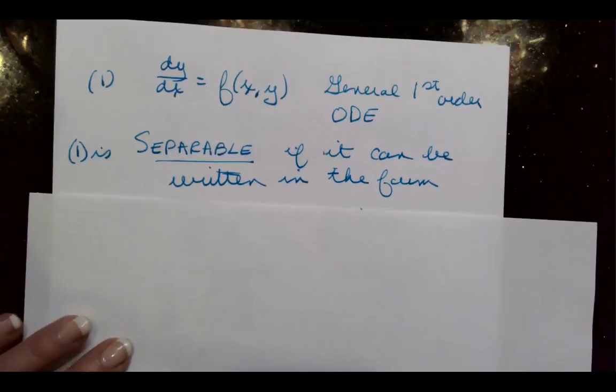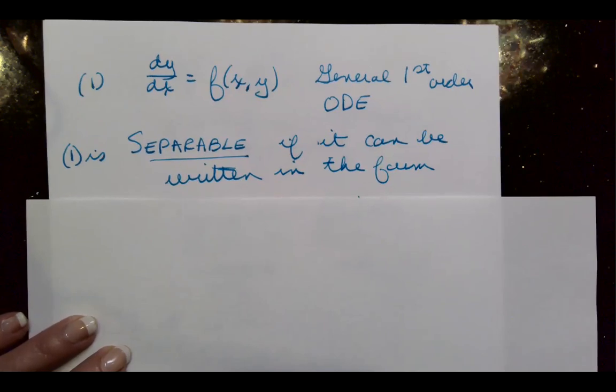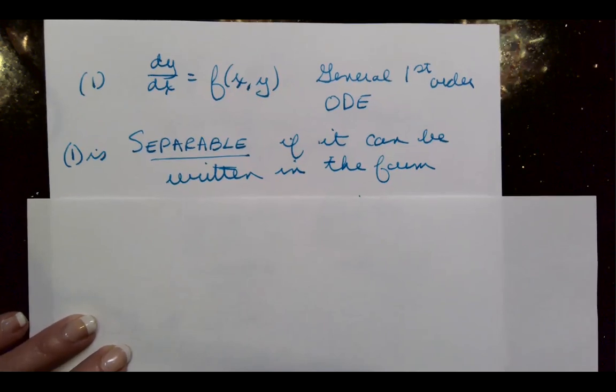Okay, so a general first order ODE. In chapter 2, we really begin to learn to solve ODEs. In the first chapter, we were showing lots of characteristics and things we're going to study later in much more depth. But now in chapter 2, we really begin to solve the ODEs.